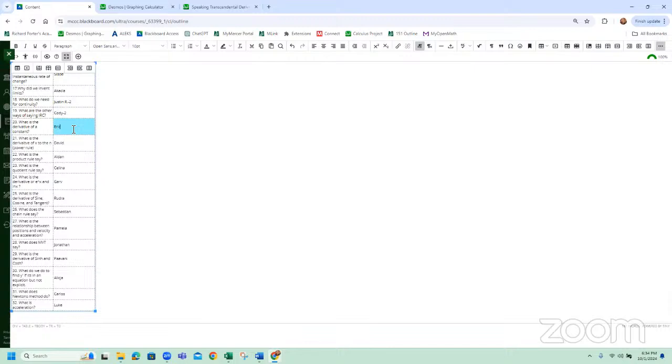Derivative, slope of the tangent line, instantaneous rate of change, dy/dx, velocity. Those are all ways of saying first derivative. Okay, Eric, it's the derivative of a constant. It's 0, right? It is. David, what's the derivative of x to the nth power? I don't see David, so.